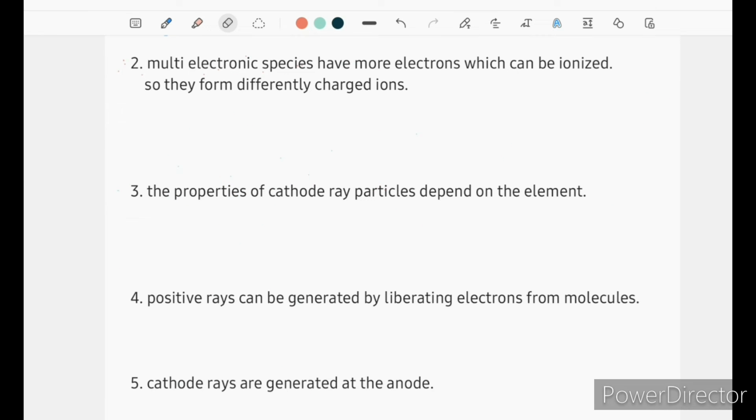Second statement, multi-electronic species have more electrons which can be ionized, so they form differently charged ions. This statement is correct. Differently charged ions formed by removing electrons from oxygen atoms are positive rays.